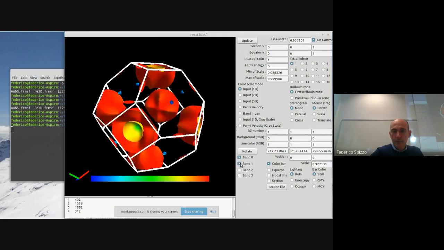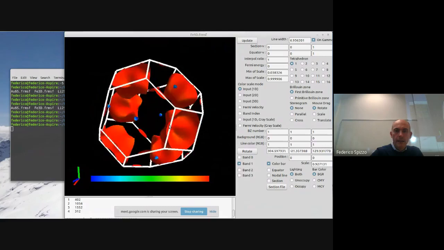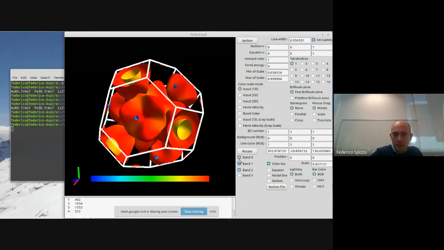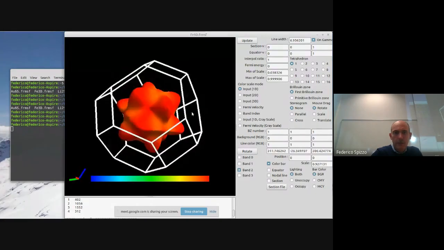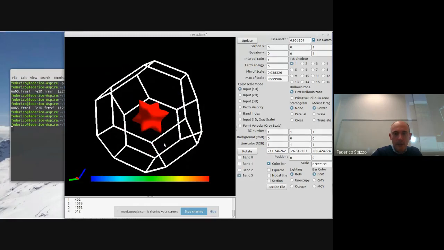Then if you switch to the second band, you have these large regions here and also these small corners here. Then you have the contribution of the third band, and then the fourth.